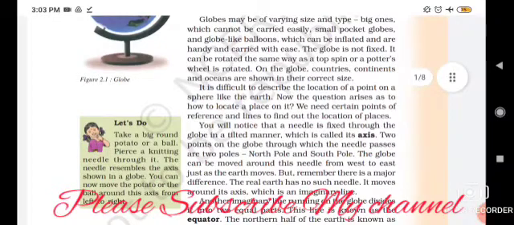So take a needle, because you need a certain point and reference to find out the locations. You will notice that the needle is fixed through the globe, but not in a perpendicular manner. It is slightly tilted, and this is called the axis.